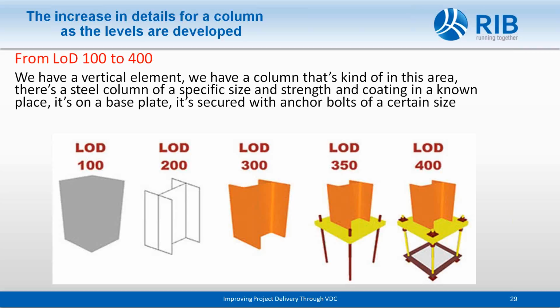It's on a base plate, and we know how the base plate is secured. So again, we've gone from just knowing that there is a vertical element located about here to level 400, at which we know a sufficient amount about it to get it built and installed.